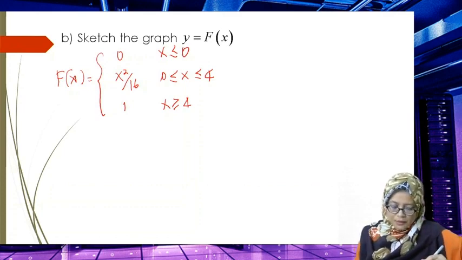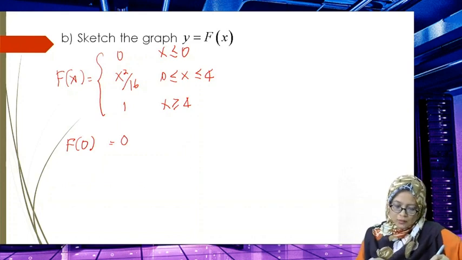Okay, sama macam tadi juga. Kita akan ambil nilai dalam kita punya interval, F0 kita dapat nilai dia 0. Kalau second interval kita ganti x 0 dalam function x square over 16, dapat 0 juga.